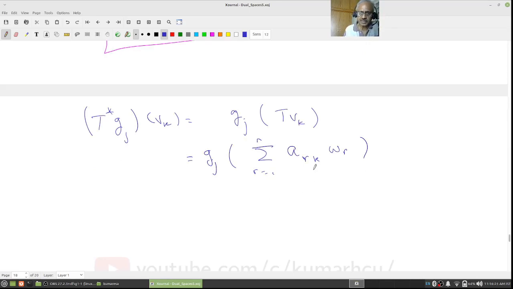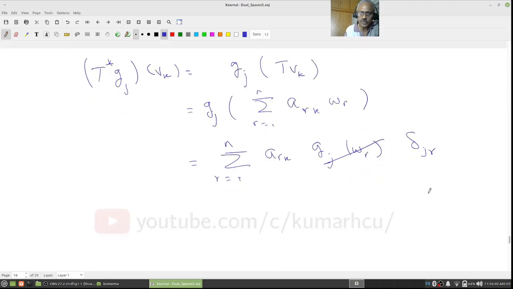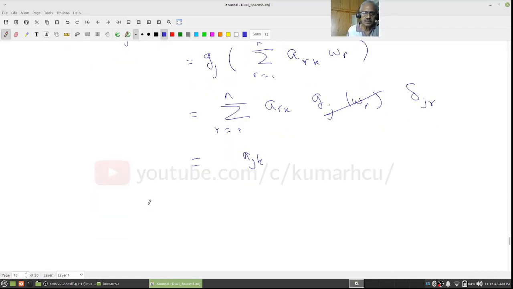Notice that I am not writing Kr. This is the way of writing. Therefore, this is going to be the summation r equal to 1 to N of Ark times Gj on Wr, but that is delta jr. R is allowed to vary, therefore that r must be j, therefore Ajk.